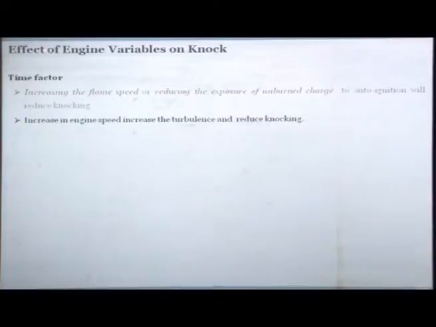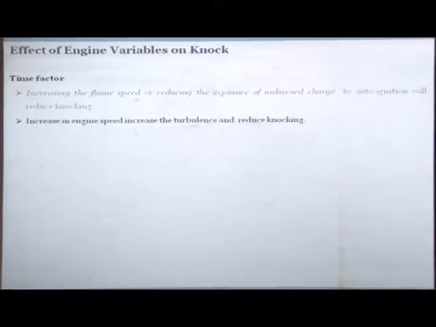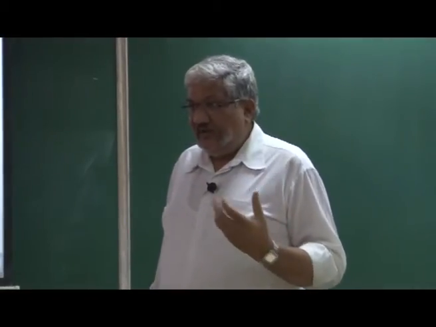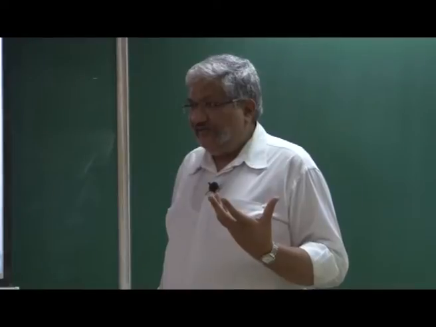How can you increase the flame speed? One of the very simple ways to increase the flame speed is to increase the turbulence in the engine. How can you increase the turbulence? By increasing the engine speed, and that's in the operator's hand. So an increase in the engine speed increases the turbulence and therefore it reduces the knocking, and this is exactly what you do unknowingly when you have knocking and you are driving your motorcycle at 20 kilometers an hour in 4th gear and you experience some metal noise.